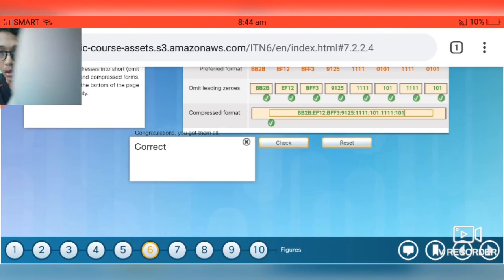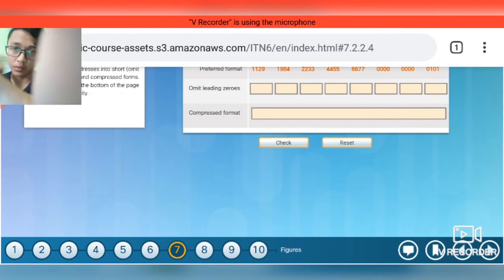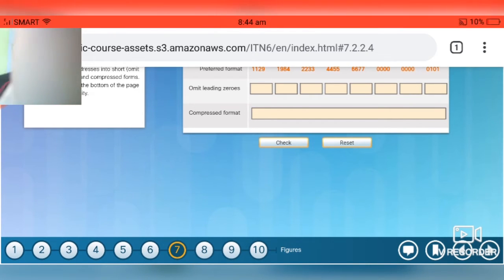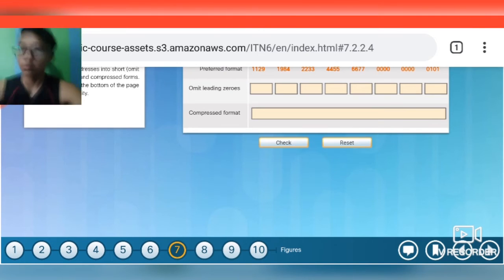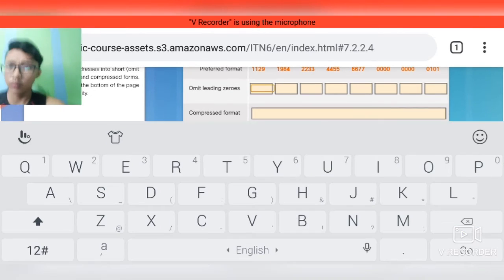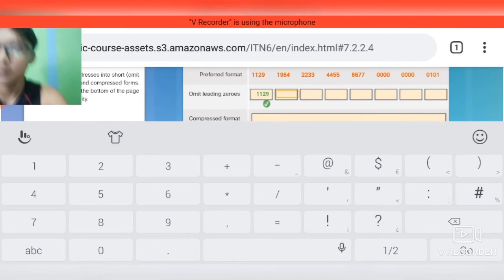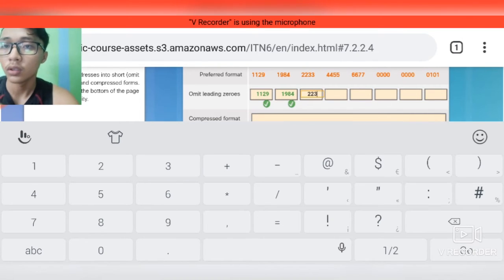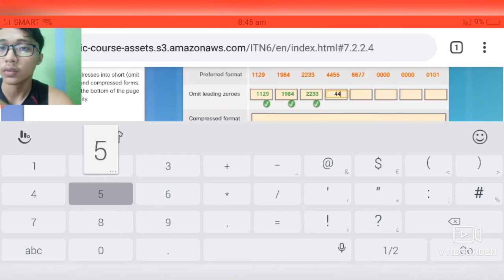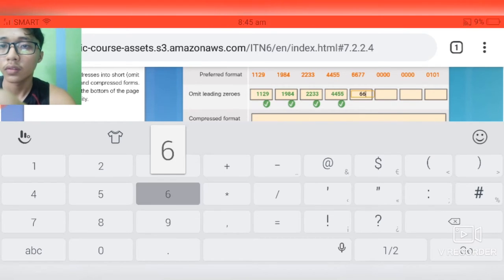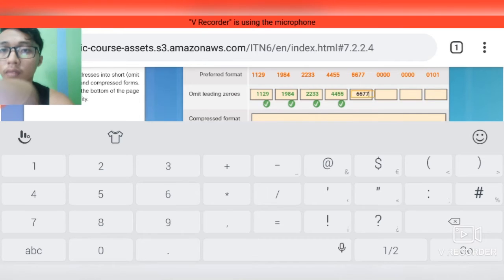Proceed to our 7th figure. So we have here 1129, 1984, 2233, 4455, 6677, 00, and 101.